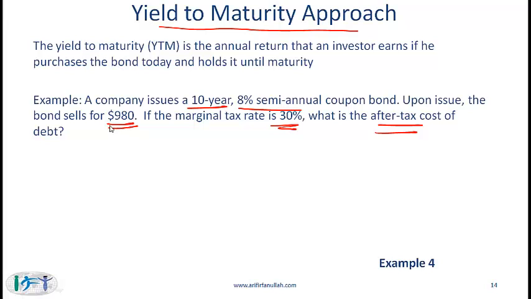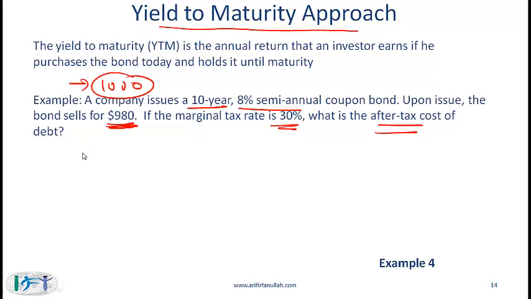Notice that we are not given the par value, but when you have an issue price of 980, then you can assume that the par value is the nearest whole number to one significant figure, which is 1000. Let us come up with the before tax cost here.